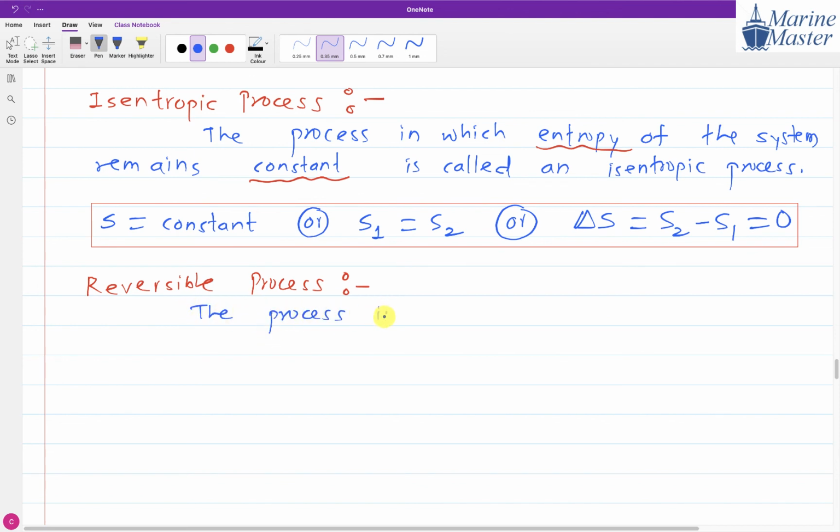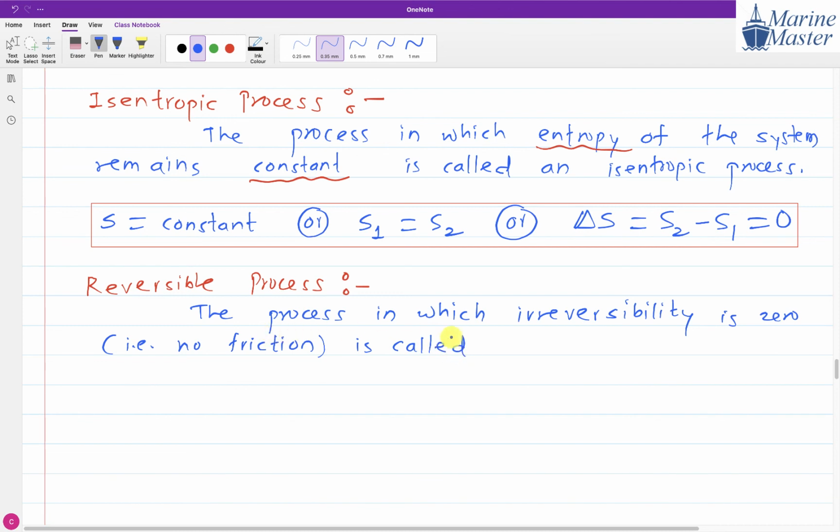The process in which irreversibility is zero, that is, no friction, is called a reversible process.